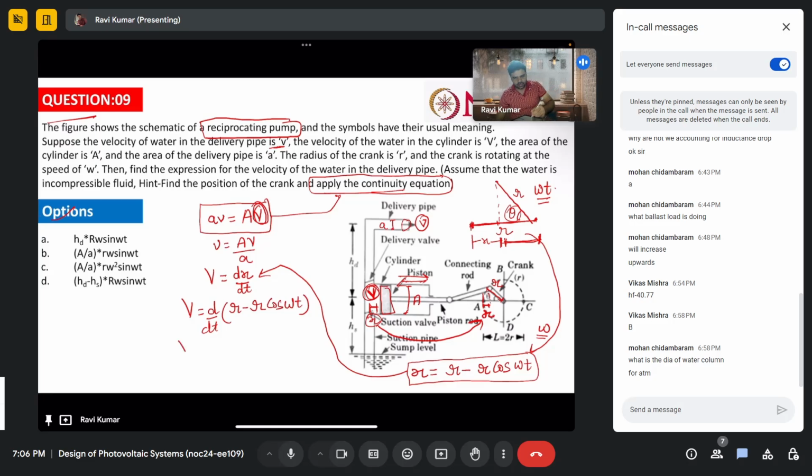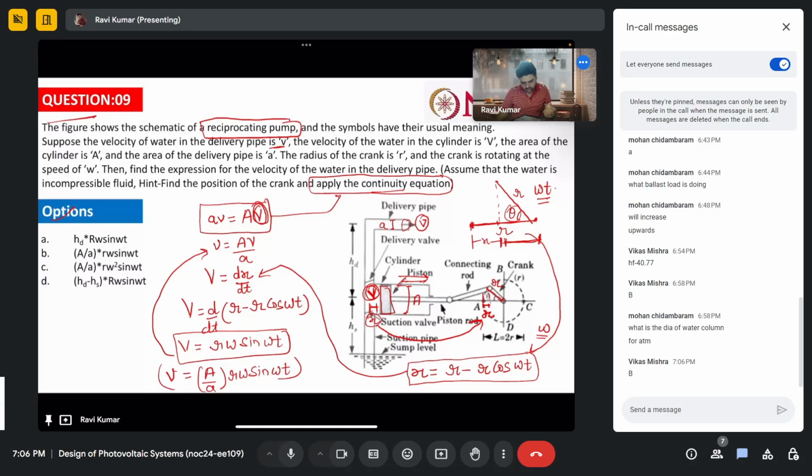So our V will be like this: R omega sine omega t. This will be the differentiation. And if you put this back in this equation, you will get smaller v as R omega sine omega t.